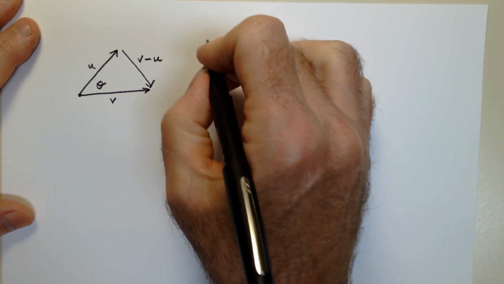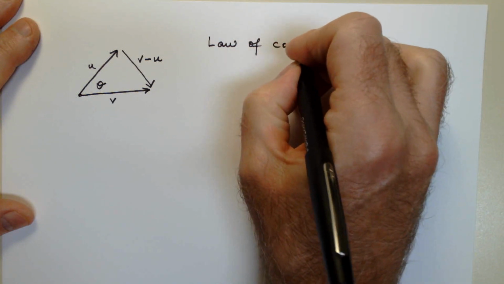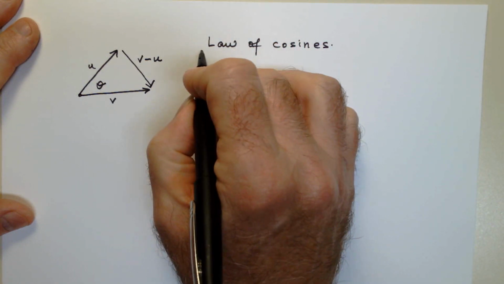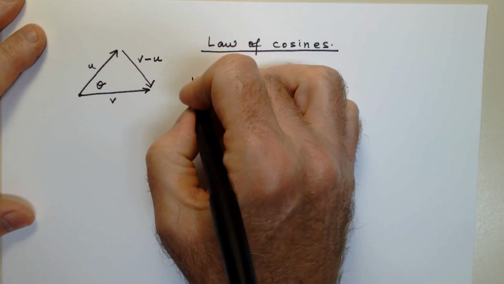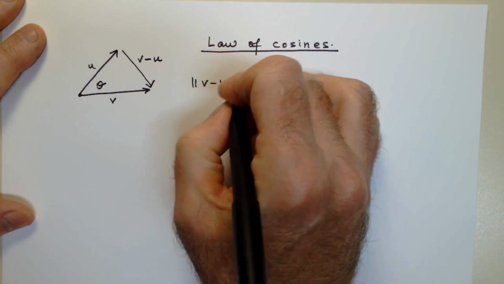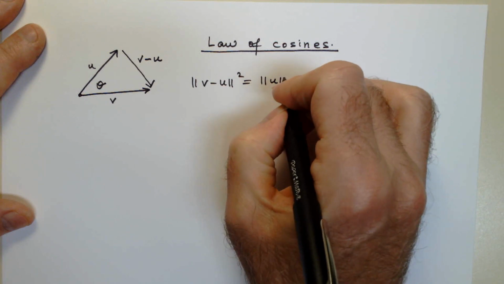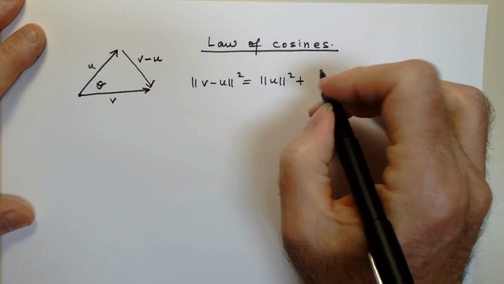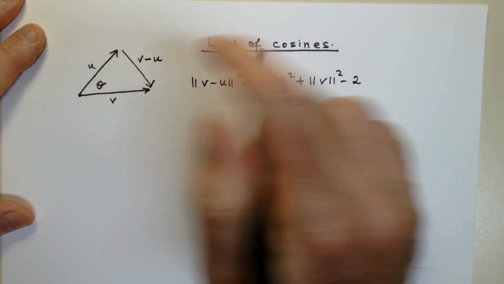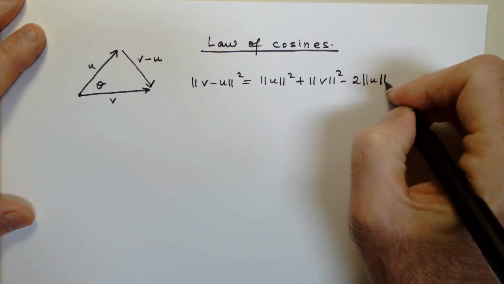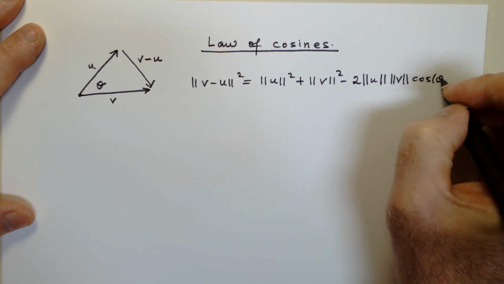So here's what the law of cosines would look like in this case. It would say that the square of the length of this side would be the square of the length of that side, plus the square of the length of the other side, minus 2 times the product of their lengths, times the cosine of the included angle.